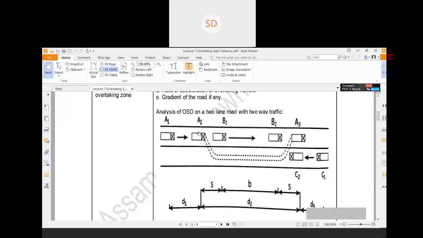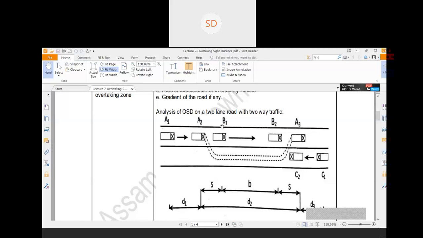To look for any opportunity to overtake vehicle B. Whenever it gets that opportunity, and if the opposing lane is clear, it will start accelerating, change the lane, overtake vehicle B, and come back to the original lane.